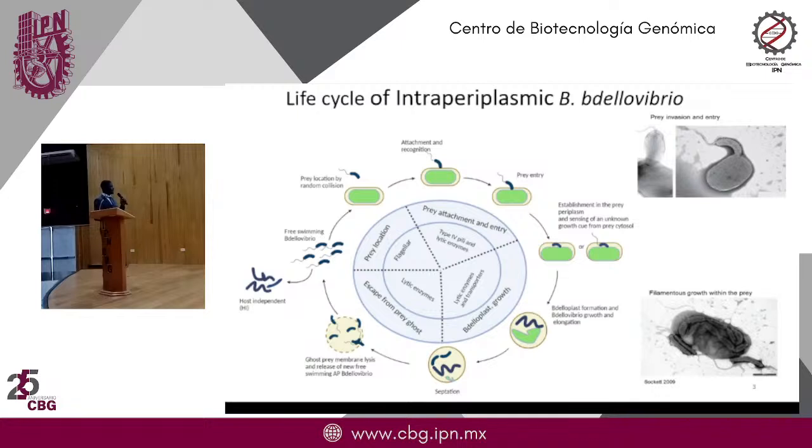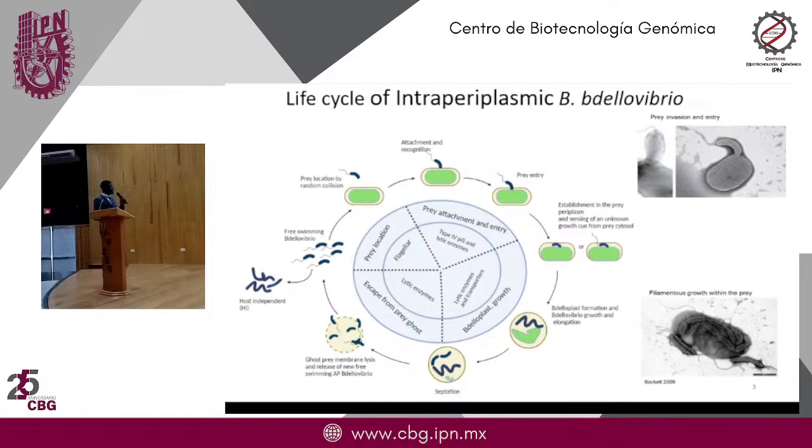From there, it starts growing by using the prey nutrients, the prey contents. Then when the prey content or the nutrient is depleted, the Bdellovibrio septates, it divides, and lyses the remains of the cell of the prey and escapes as free-swimming attack phase Bdellovibrio, which can continue the cycle all over again.